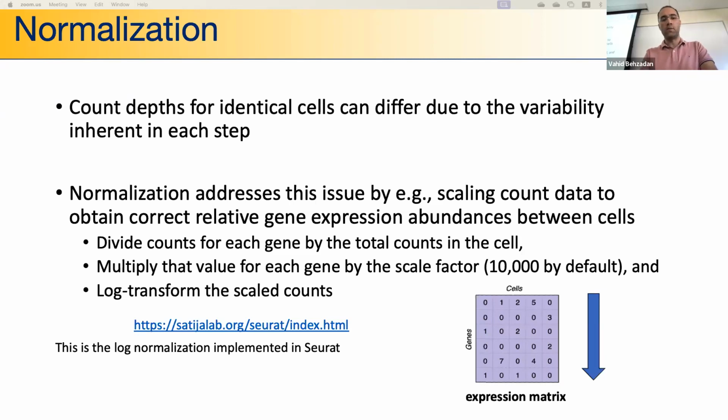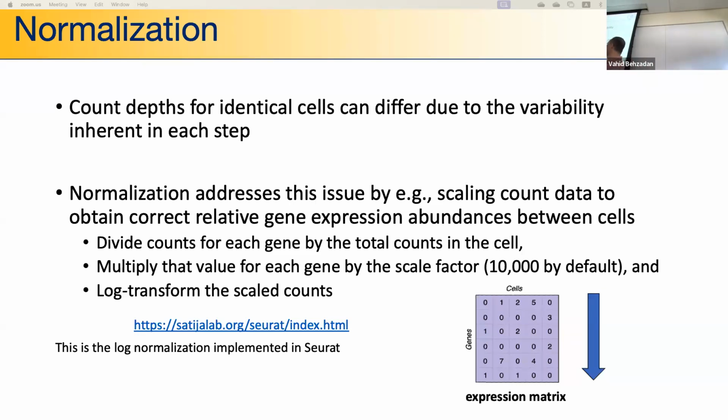Do you know why we take the log? So basically, as I said, we have 25,000 genes, right? Most of them are zeros.